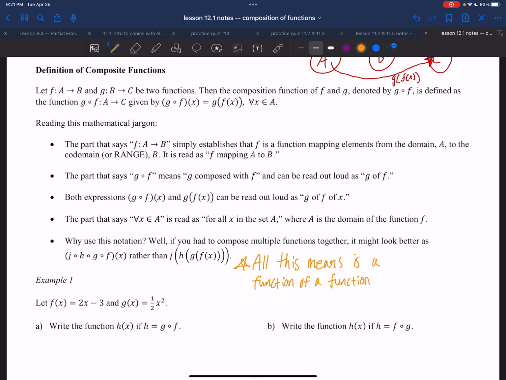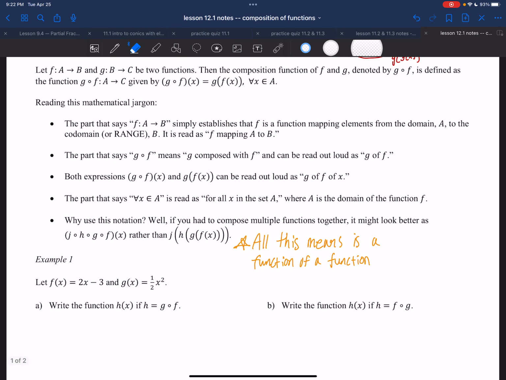That's it. All right? So really focus in on this idea here because it's probably going to be the most tangible thing, the thing you kind of understand right off the bat. g of f of x means that f of x is an input into g. So, yeah. Okay, so let's move on.